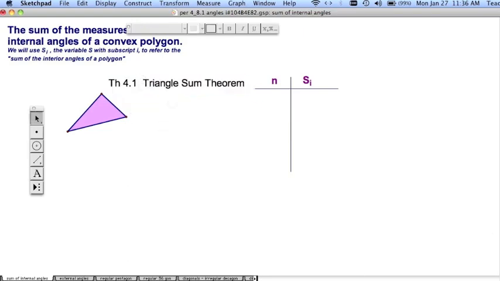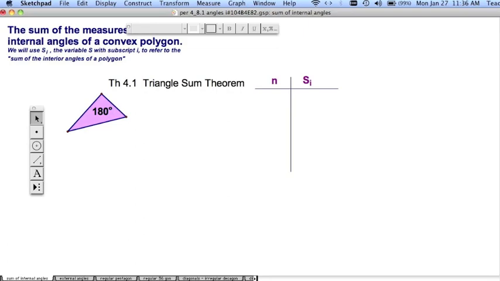Now, the reason that's important is we proved back in the beginning of Chapter 4 that the sum of the interior angles of a triangle is equal to 180 degrees. Any triangle. So there we go. That triangle has 180 degrees of interior angle measurement.